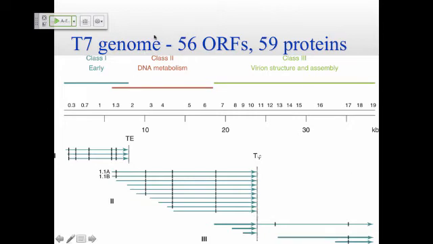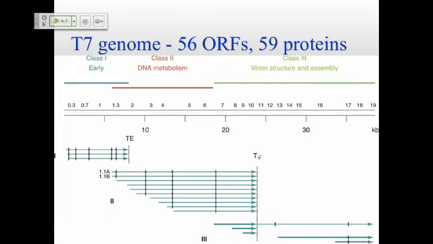Now, these middle genes are almost all what we would originally define as early genes, and very often people put early and middle genes together. Sometimes people will call these immediate early genes, and then these would be the other early genes. It's all about making the genome. And so making your genome, and then once you've made the genome, then the late genes, again in T7 called the class 3 genes, are about putting the virion together.